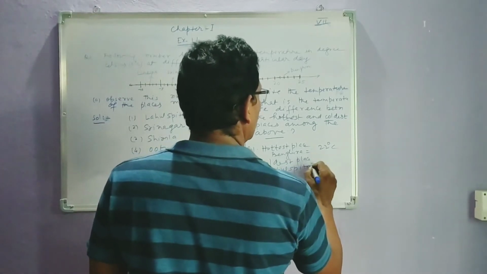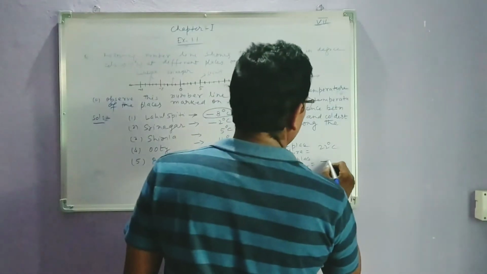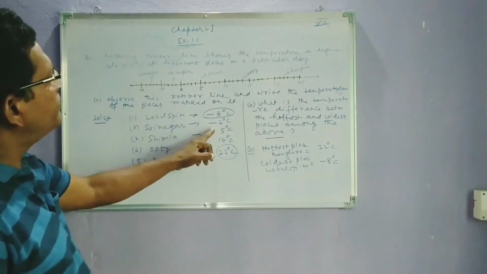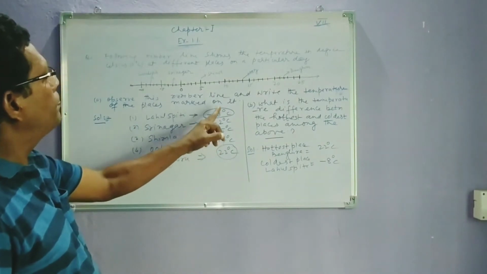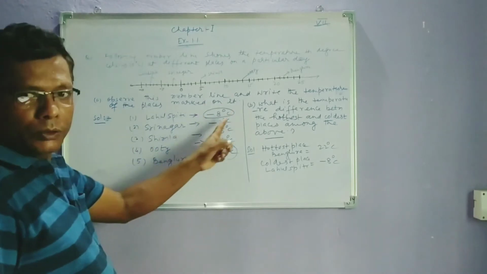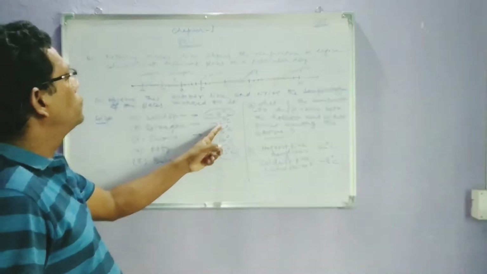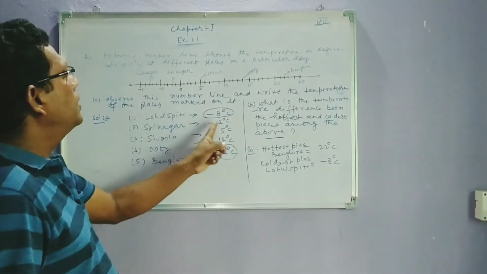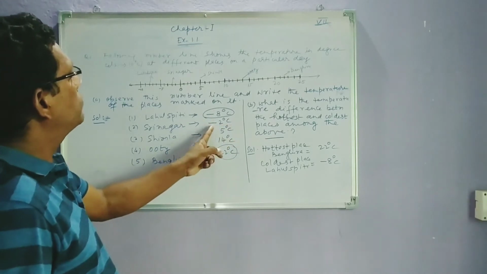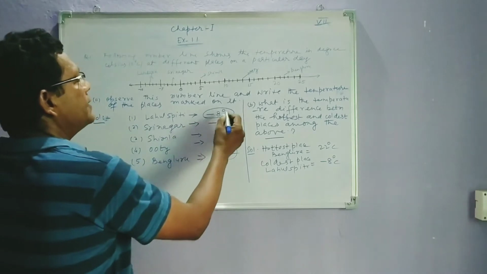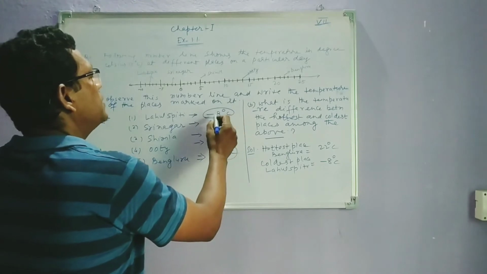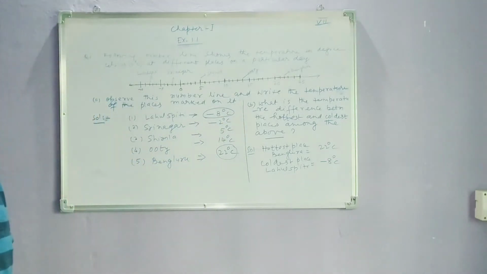This is minus 8 degrees Celsius. Don't get confused here. In negative numbers, as you go down, the number is greater and the temperature is lower. Here is 2 and here is 8. So this is the maximum temperature and this is the minimum temperature. So minus 8 degrees Celsius, between 2 degrees and 8 degrees Celsius, is the least temperature.